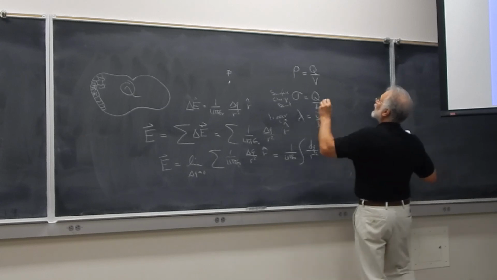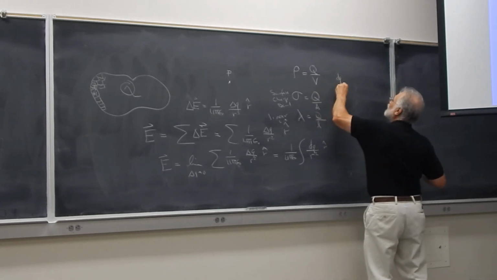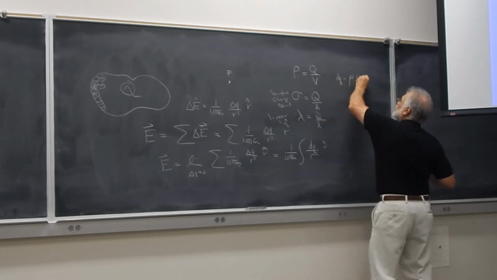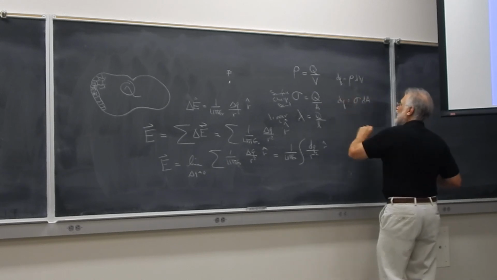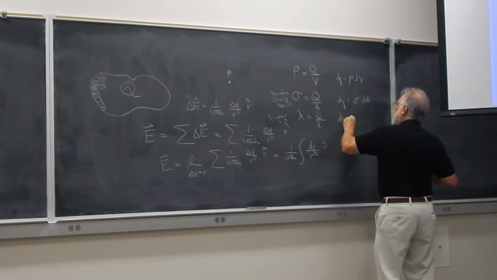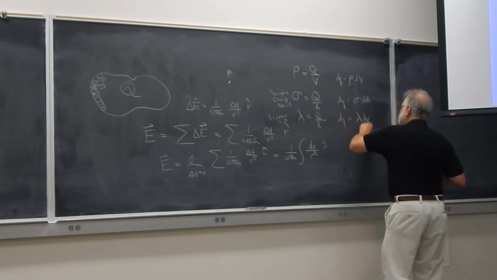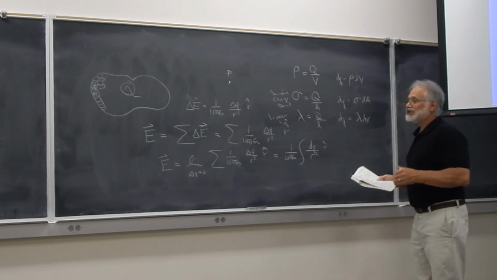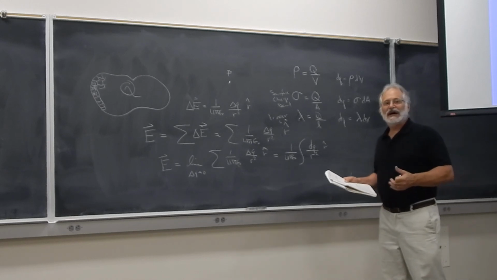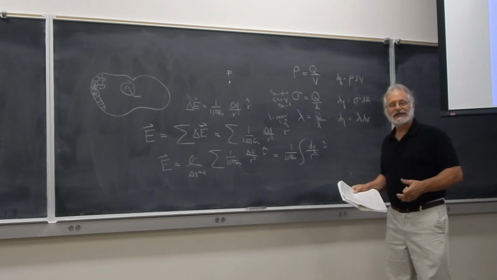And by the same token, I can write dq as rho dV. I can write dq as sigma dA, and I can write dq as lambda dx, as the geometry of the problem calls for it. We'll do some wonderful examples of continuous charge distributions next time.